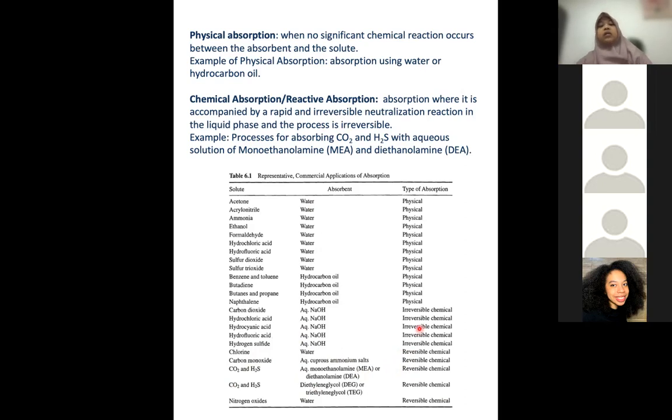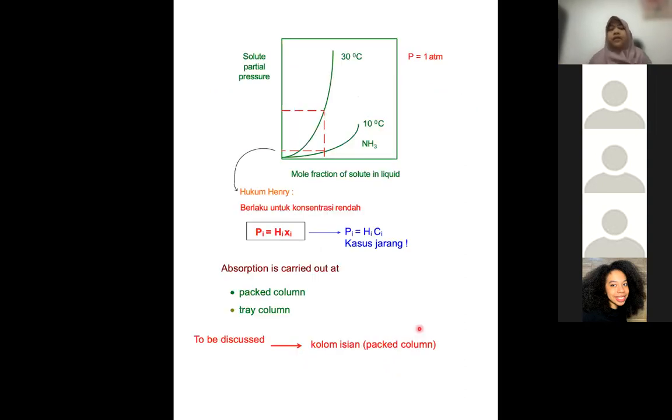Right? Okay, so now let's have a look at the graph that tells you about the equilibrium data for absorption. We're going to use Henry's law, and Henry's law usually only happens at low concentration.